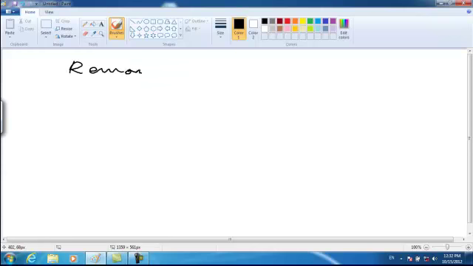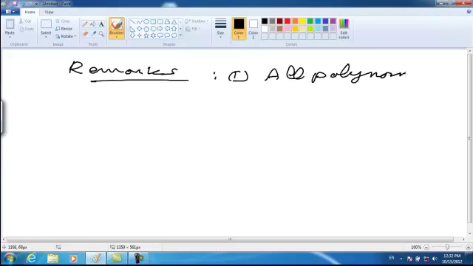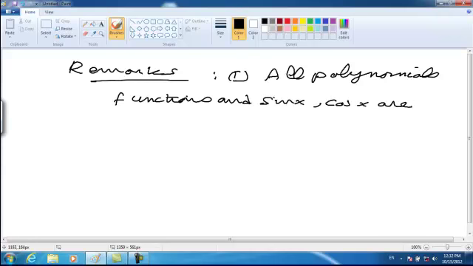Remarks. One, all polynomial functions and sine x, cosine x are continuous.